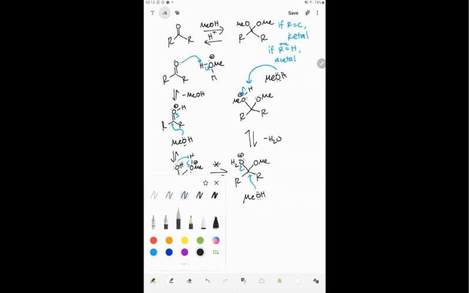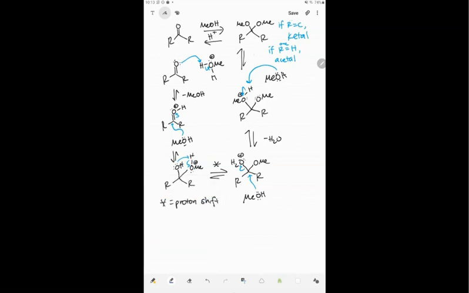And we're going to end up with our product. So we lose our protonated methanol, which is what we started with. That's our catalyst, right? So we end up getting to our ketal or acetal here.